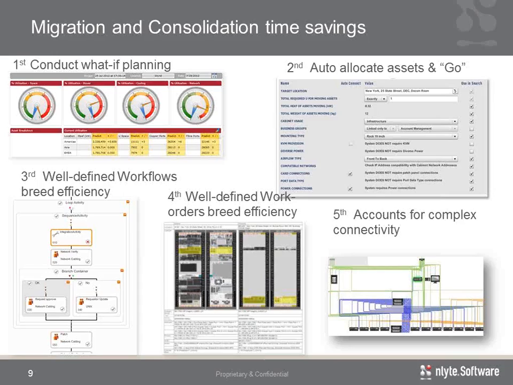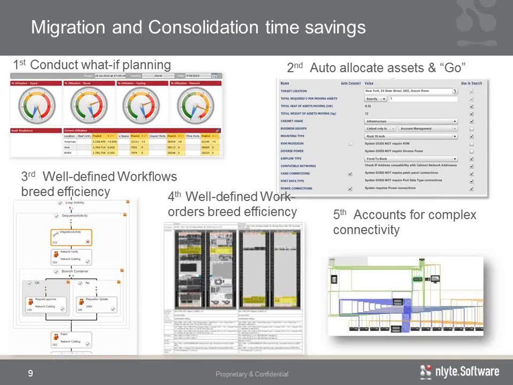When you move out of your what-if planning stage, you start looking at execution. You can take your baseline spreadsheets, Visio diagrams, use bulk data manager tools, and do your auto allocate. You can implement them into the centralized database.